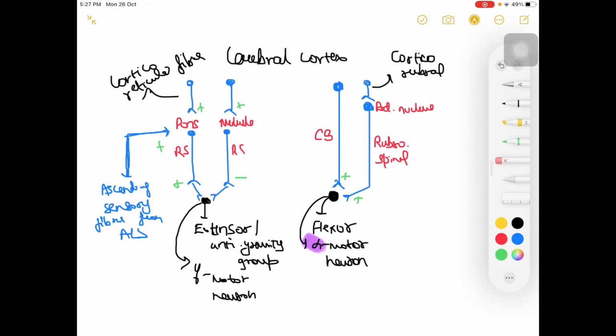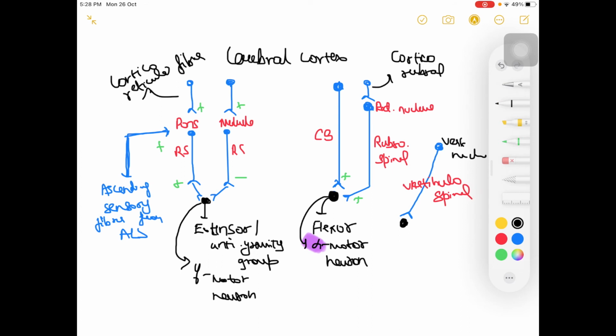Now we have another medial system, that is vestibular spinal. So if I draw vestibular spinal, this is also part of medial only, don't worry, this is a part of medial, not lateral. So this is vestibular spinal, starting from where?